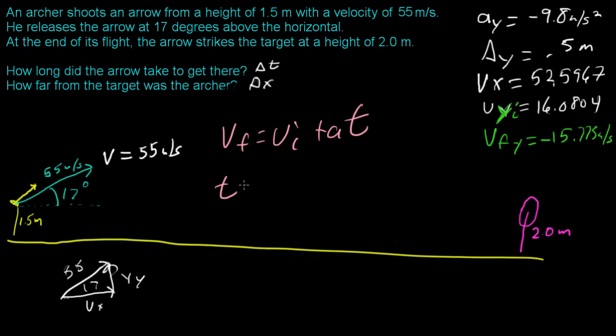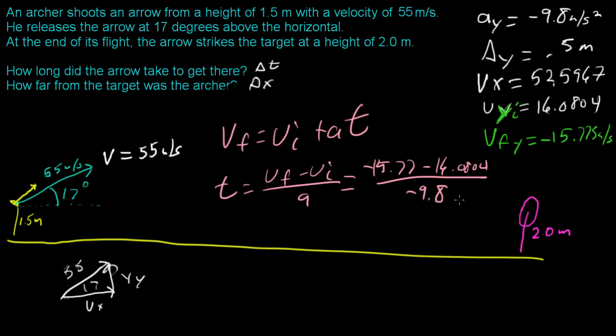We get t equals VF minus VI divided by A. Okay, so negative 15.77 minus 16.0804 divided by negative 9.8. So you get delta t is equal to almost exactly 3.25 seconds. Alright, so we've solved this. We're good here. Check.